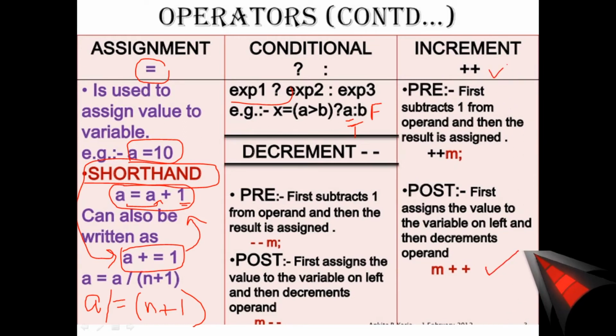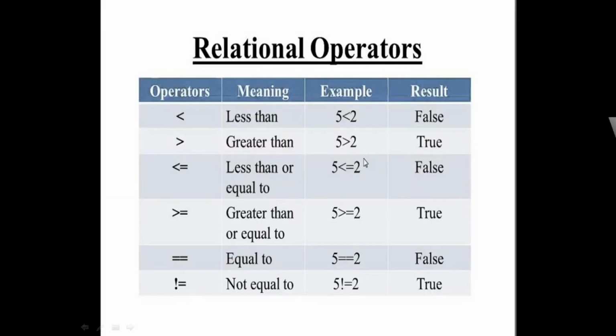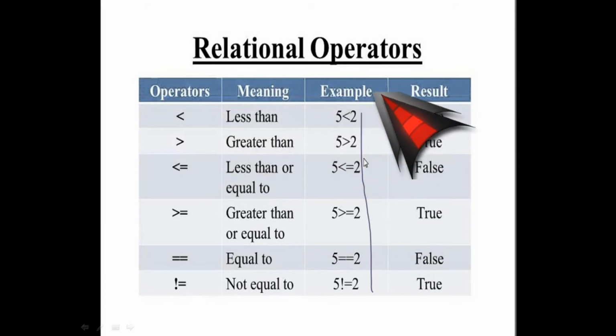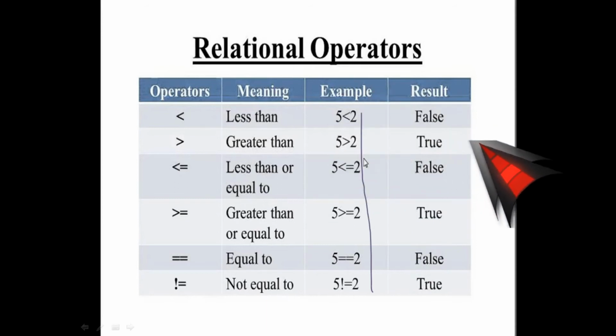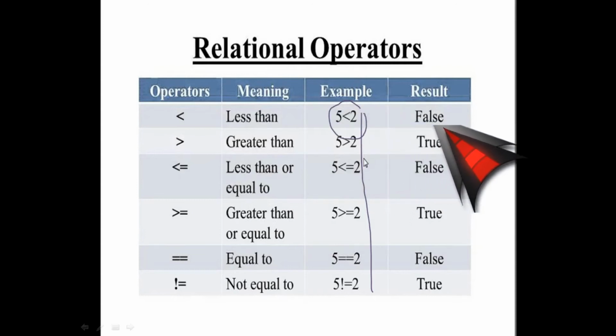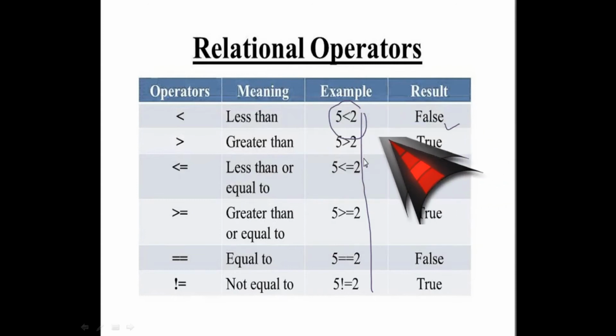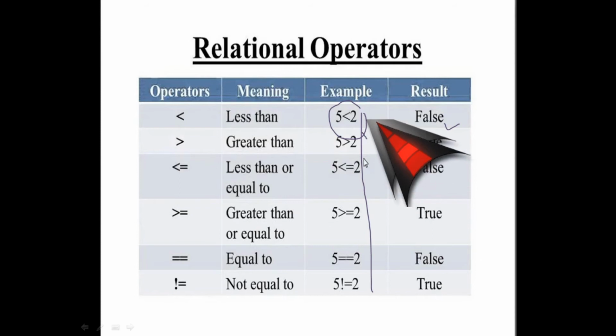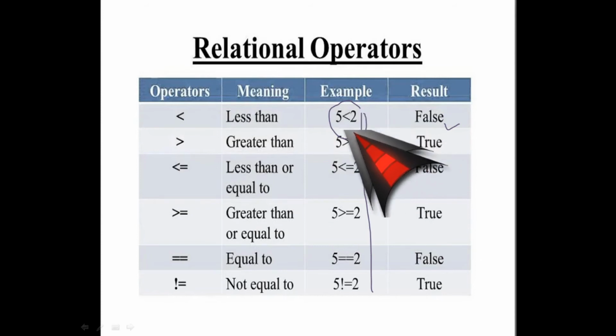Let's look at some other operators, like relational operators, which consist of greater than, less than, greater than or equal to, less than or equal to, equal to, and also exclamation mark equal to. All these comparisons give us the result in the form of a Boolean value, that is true or false. 5 is greater than 2?